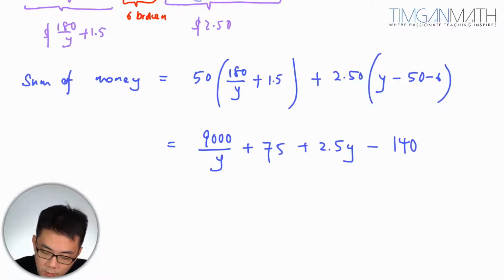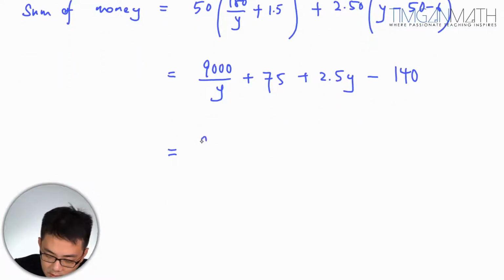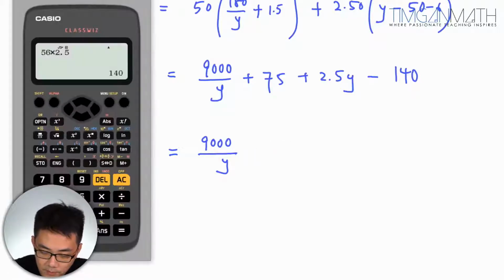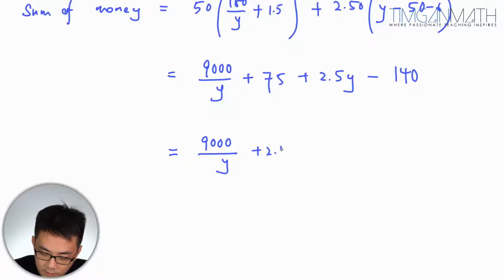Let's put it nicely. What we get is 9,000 over Y plus 75 minus 140, and 75 minus 140 will be negative 65.